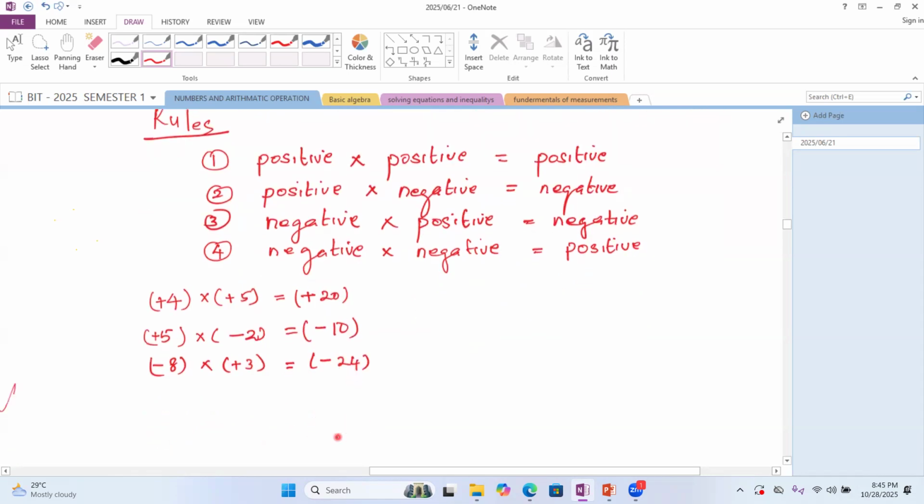Then negative multiplied by negative. Then we get the result positive. 4 multiplied by 2 is 8. There are 4 basic rules to follow for multiplying positive and negative numbers, right?